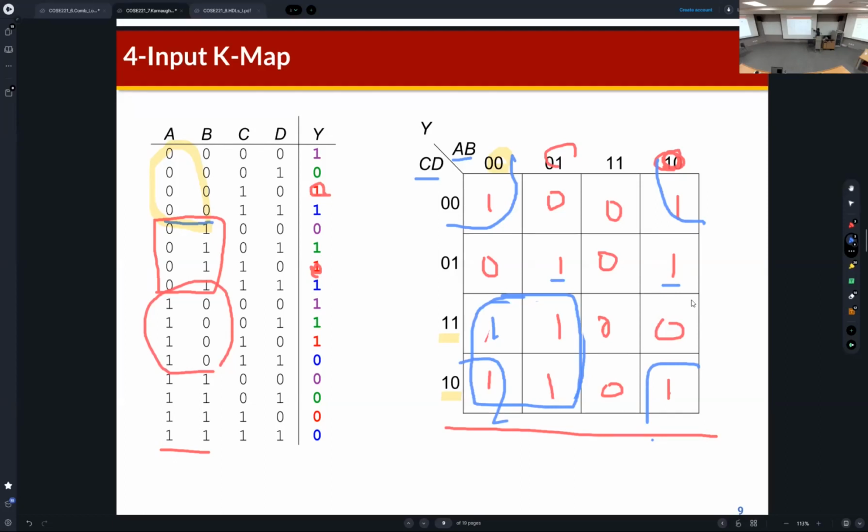Then how can we make groups for including these ones? What is the largest circle that can include these ones? So we can define a group like this, okay? So it actually includes the two elements. Okay, for this one, then we need to define the largest group. The largest possible group is one.